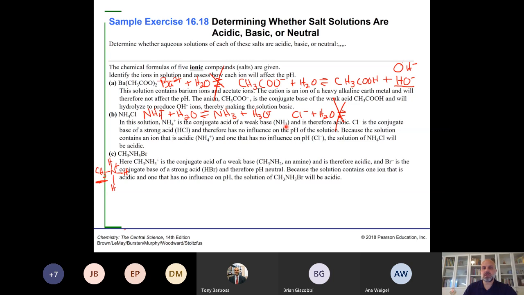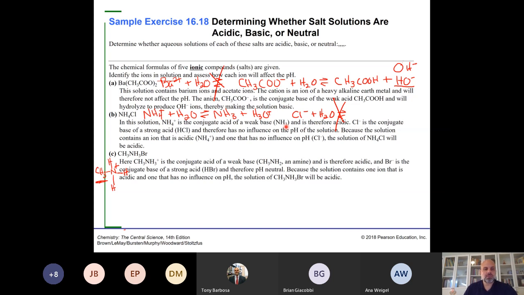Otherwise, the NH2 still has a lone pair on it that can act as a base. So therefore, CH3NH3 plus is an acidic substance, whereas the Br minus, the bromide, is the conjugate base of a strong acid, HBr. So therefore, it's going to be pH neutral. Because the solution contains one ion that is acidic and one that has no influence on the pH at all, the solution of CH3NH3Br is going to be an acidic solution.